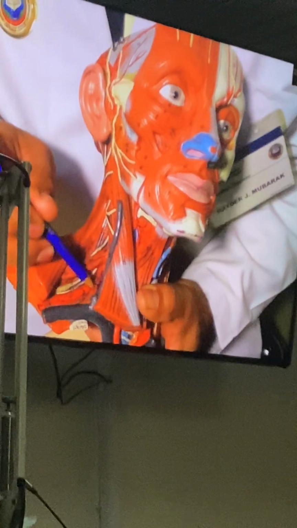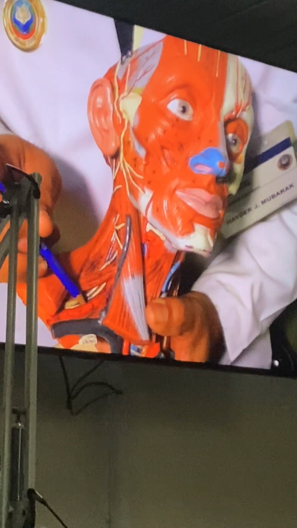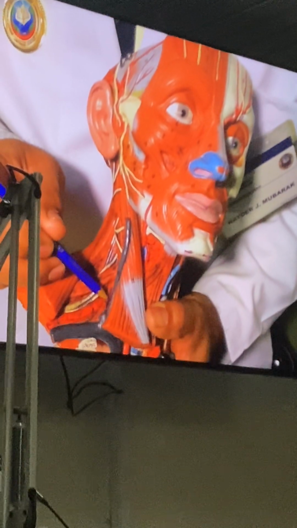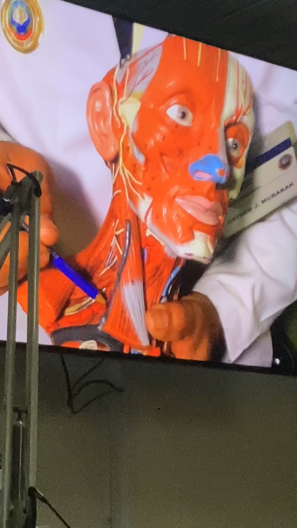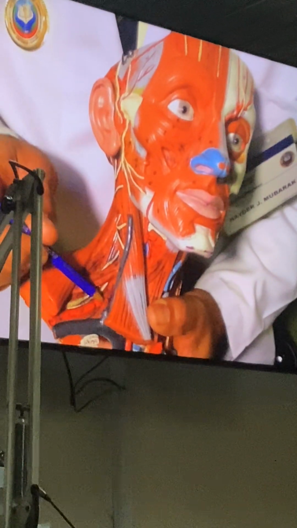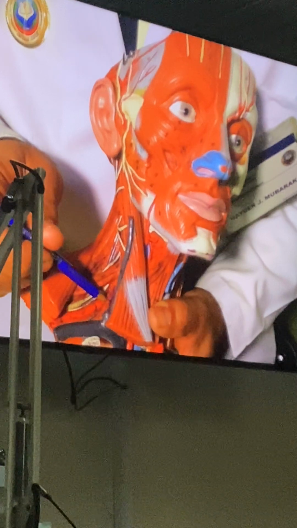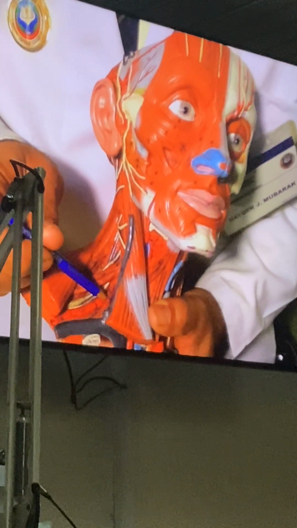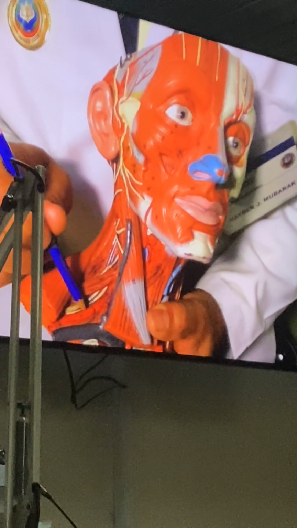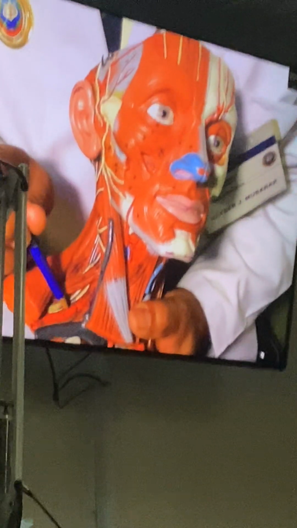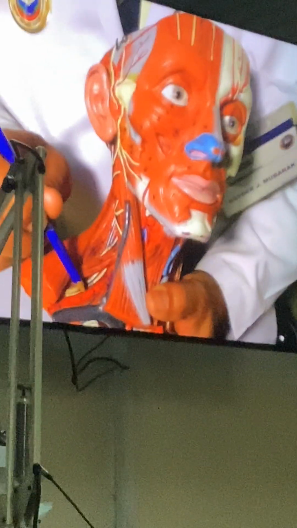This muscle covers the subclavian artery anteriorly, and this is scalenus anterior. So, because this muscle covers part of the subclavian artery, the subclavian artery deep to this scalenus anterior is the second part, while this is the third part of the subclavian artery that is lateral to scalenus anterior.